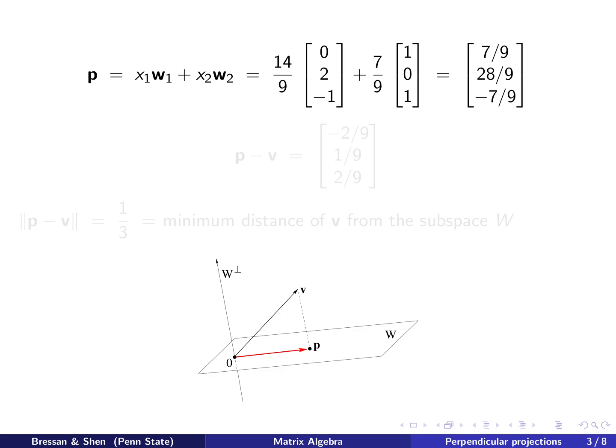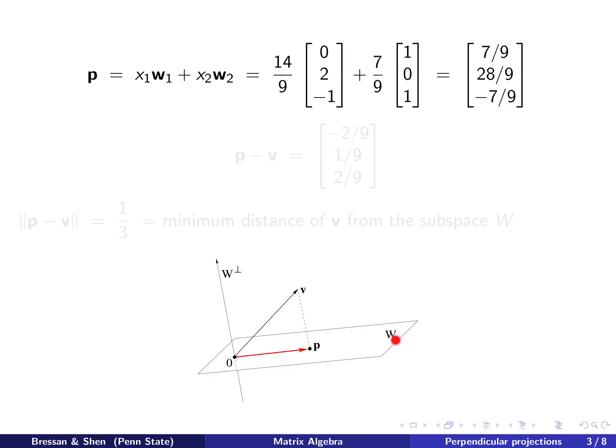Here's the illustration. You have a subspace W, let's consider 3D, and the subspace here is a 2-dimensional plane. Then you have another vector V, which is not in the plane. I'm finding the perpendicular projection, that is this vector projected perpendicularly down onto the space W. That's the vector P we just computed.